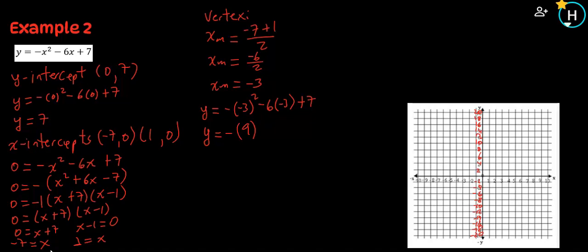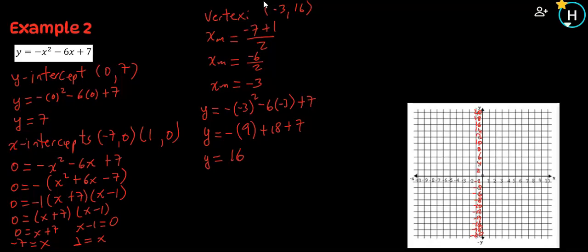Negative 6 times negative 3 is positive 18 plus 7. And solve. Negative 9 plus 18 is 9, plus 7 is 16. So the vertex of the parabola is negative 3, 16.